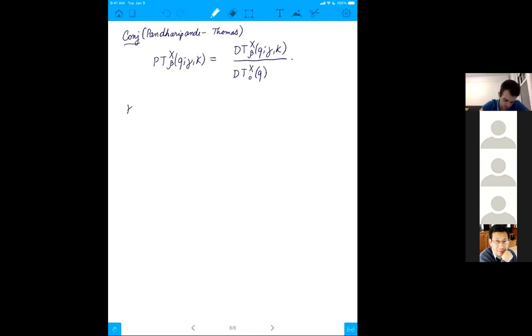So this is known for X a Calabi-Yau threefold. So a Calabi-Yau threefold means that omega_X is trivial. And not known beyond that.